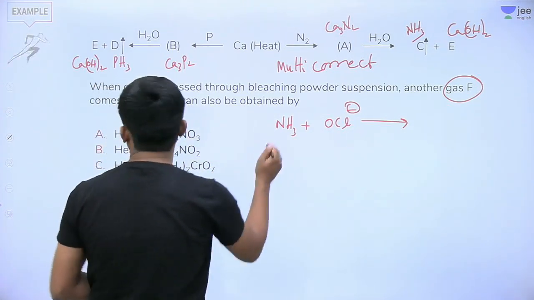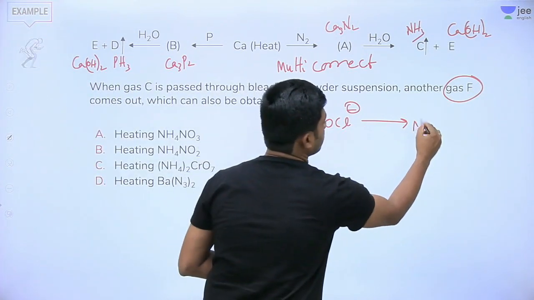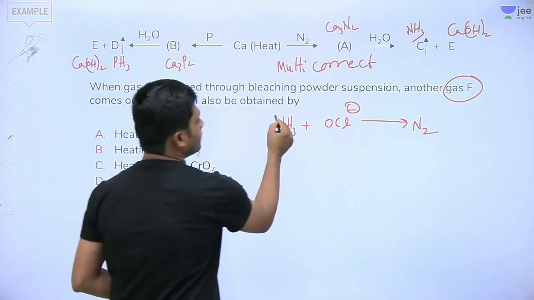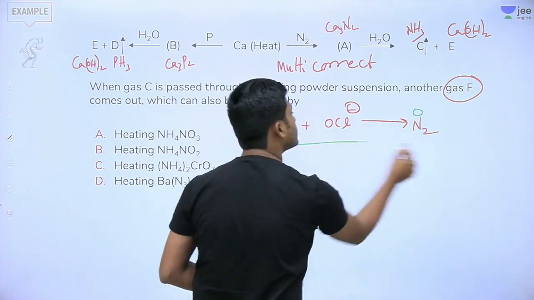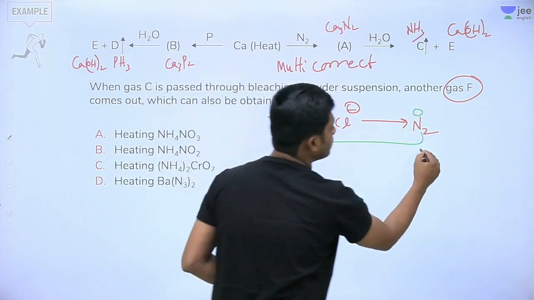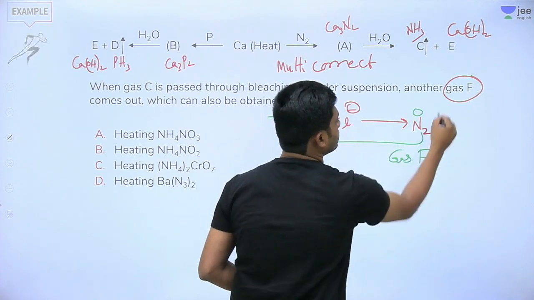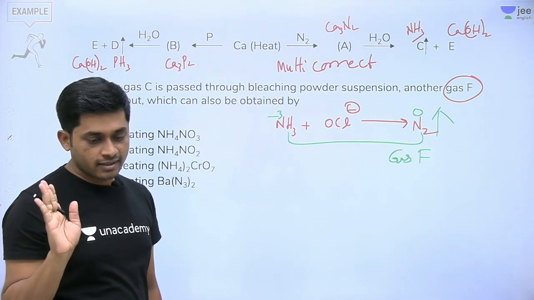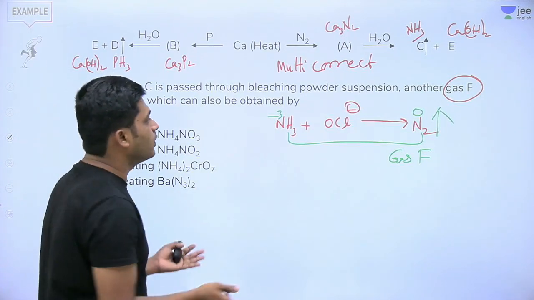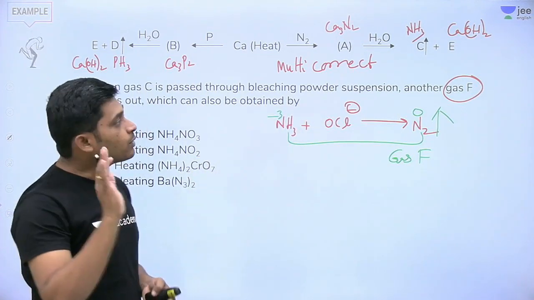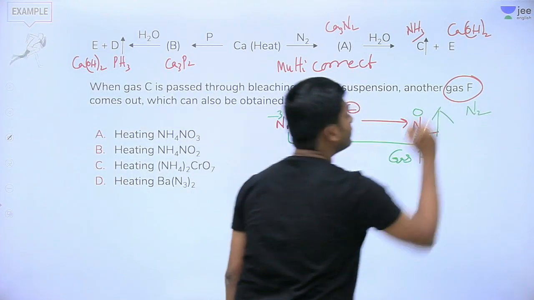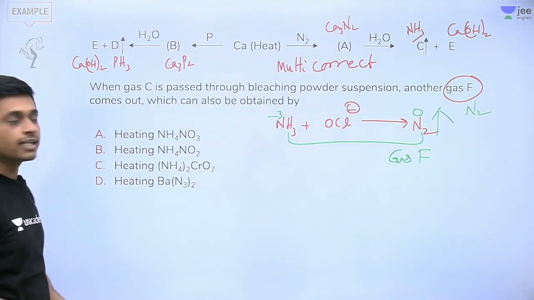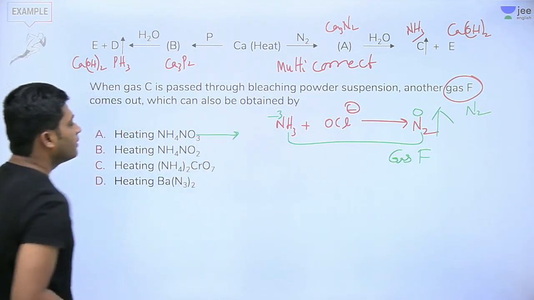So NH3, its oxidation number goes from -3 to 0. Nitrogen gas is this. What is gas F? Nitrogen gas. Now how is nitrogen gas obtained? From which options do we get nitrogen gas? So first option, we'll get nitrogen.